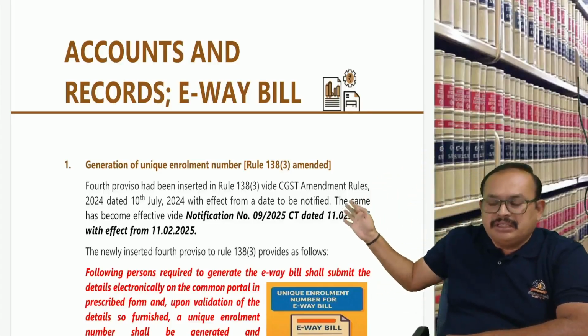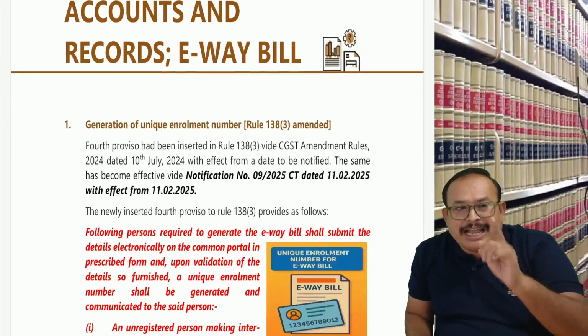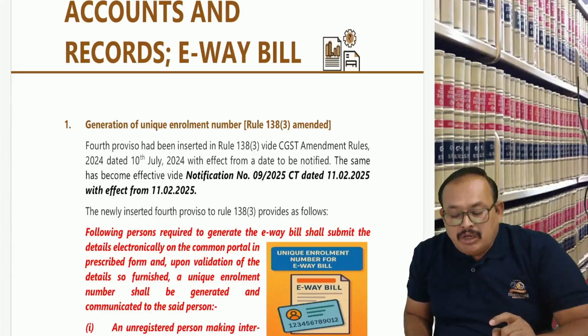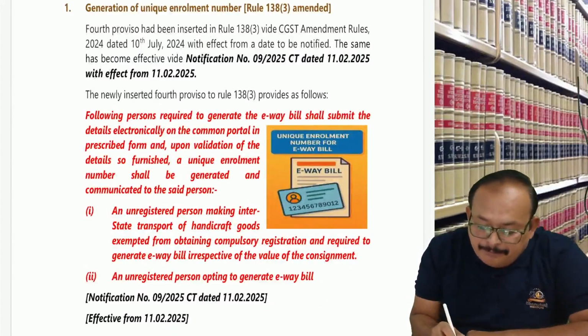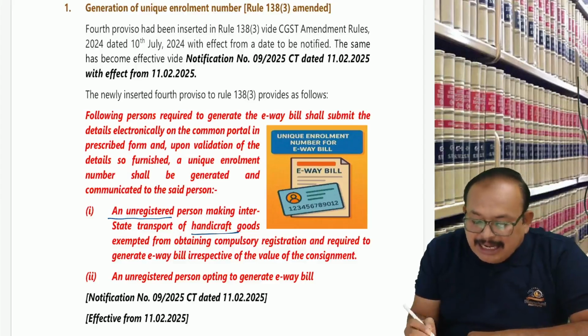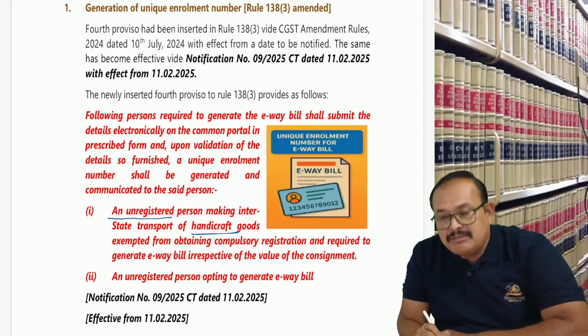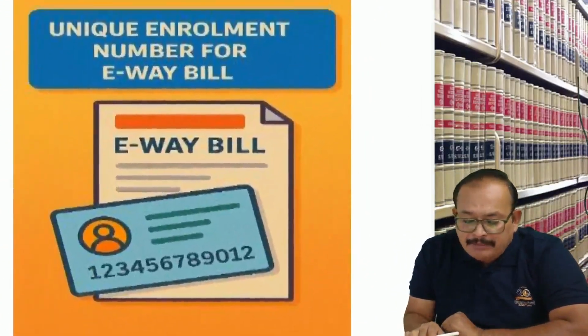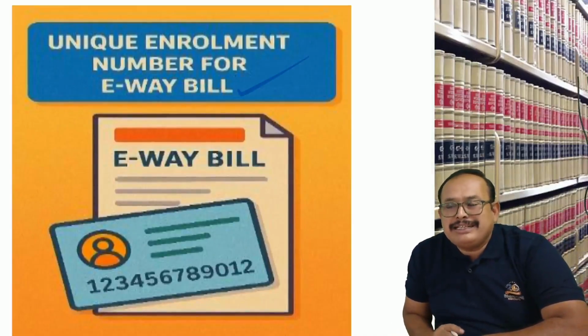This is the sheet. In that, generation of unique enrollment number. When a supplier is an unregistered person supplying handicraft goods, that too at interstate level, an e-way bill is mandatory and the person should obtain a unique enrollment number from the GST network portal. With that, you can generate the e-way bill.